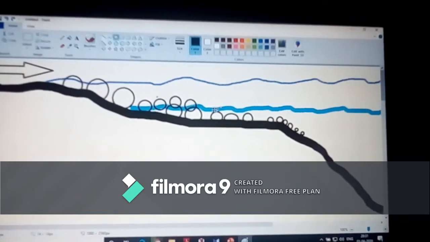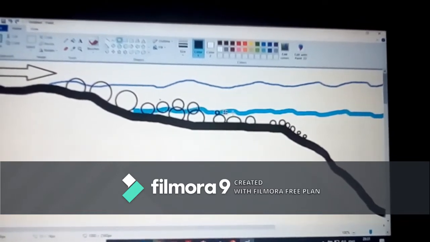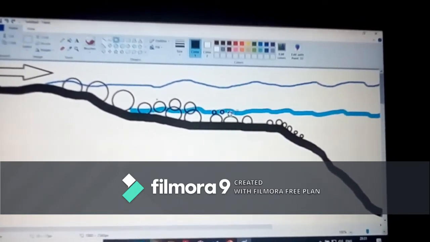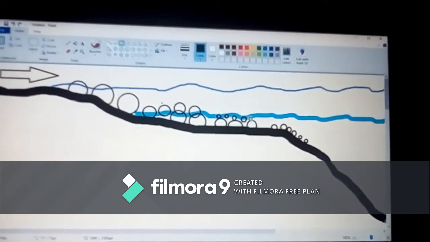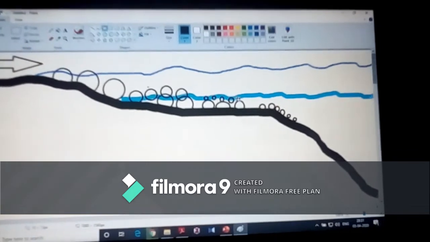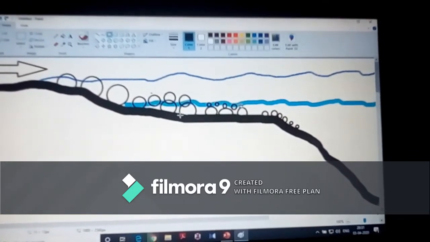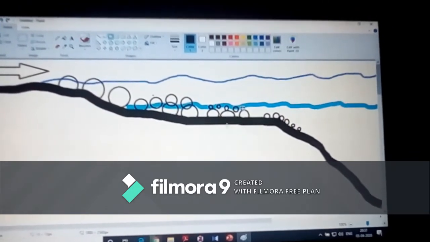So those are the finer particles, like this. So in T1 time my deposition starts from here, that is the gravel size particles.